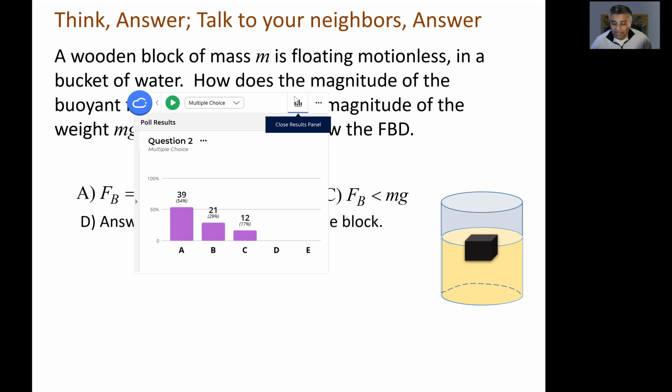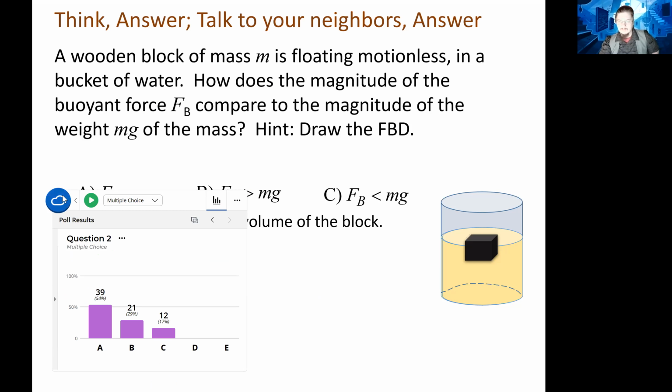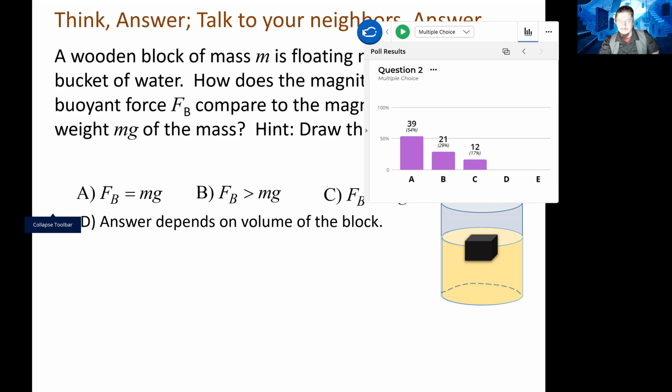Okay, I see a hand. Go ahead. Hiya, yeah. So I'm thinking that A is the wrong answer in this case. I'm going to say that because the buoyant force is always acting against gravity, right? If we had more water, the buoyant force would just keep on going up, right?